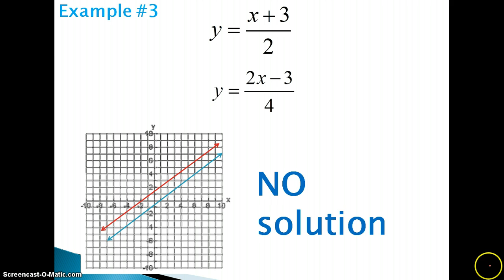So it's the little 0 with the line through it. Parallel lines will never intersect, so they don't have a solution. Because remember, a solution is where the two lines intersect or where they cross each other. So make sure that you understand that.